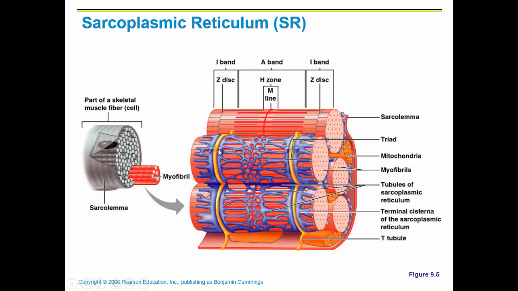And then on the sides here, you have something called the terminal cisternae, the two blue rounded areas right here, and then this yellow portion is called the T-tubule. And the T-tubule, you can see, extends all the way through so that we can get the message throughout the entire muscle cell itself.